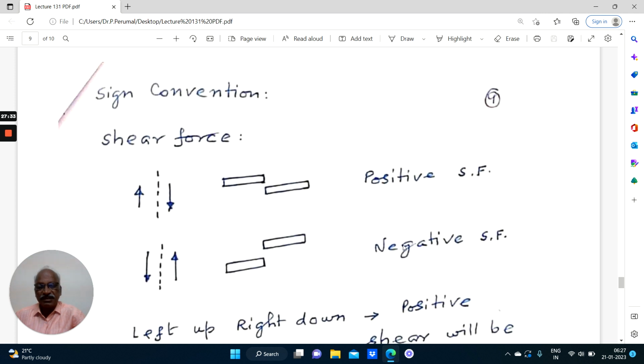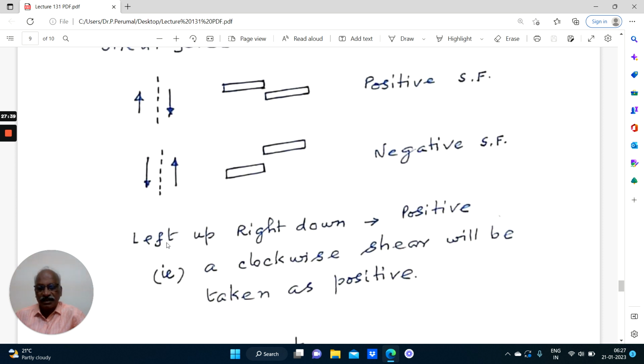These things will be discussed elaborately in the problems. Similarly, left up, right down is positive. That is, a clockwise shear will be positive. A clockwise shear, that is, left up, right down. So this is clockwise. A clockwise shear is positive and anti-clockwise shear is negative.